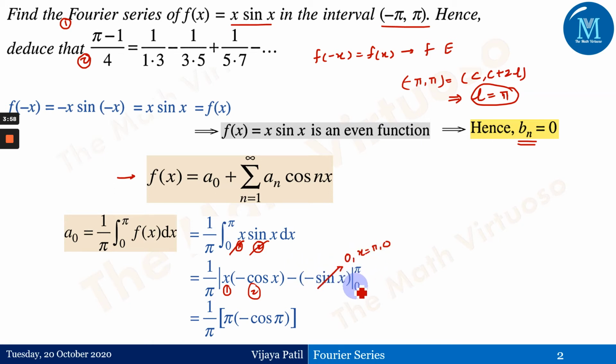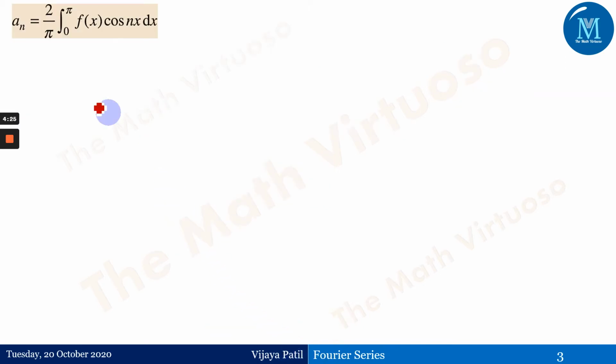And in the first term, x is the coefficient, so when x equals 0, that term also goes to 0, and we only have to deal with the upper limit. So replacing every x by pi in minus x cos x gives pi times minus cos of pi, which equals pi, and therefore a0 equals 1. Let me now go ahead with an.